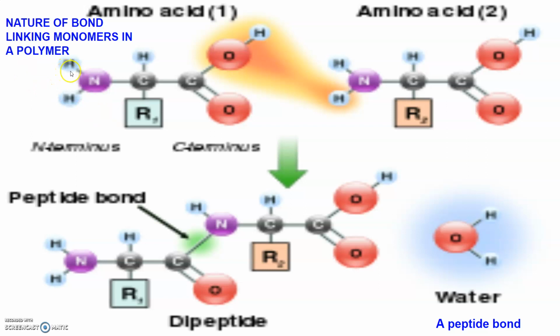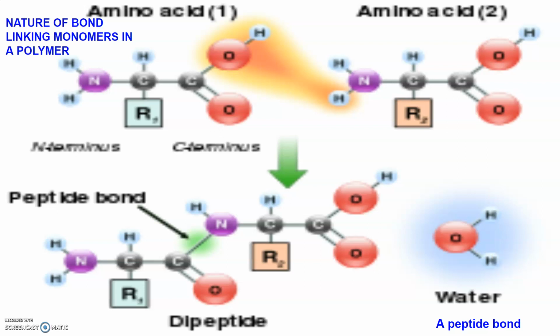In a polypeptide or a protein, amino acids are linked by the peptide bond. You can see here these are the peptide bonds where two amino acids are linked together. When the carboxyl group of one amino acid reacts with the amino group of the second amino acid, a water molecule is eliminated, and this process is called dehydration.